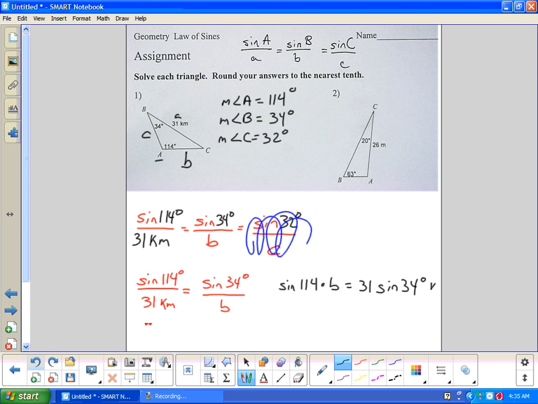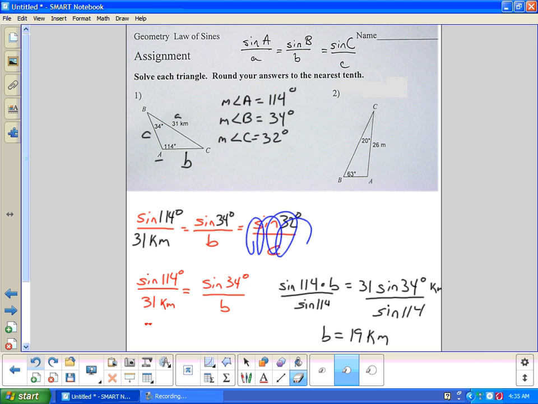The units here will be kilometers. Divide both sides by sine 114. And again, I would type this in as one thing into the calculator. So b will come up to be, when you round to a whole unit, 19.0 kilometers. It says to the nearest tenth. So 19.0 or 19 kilometers for b.